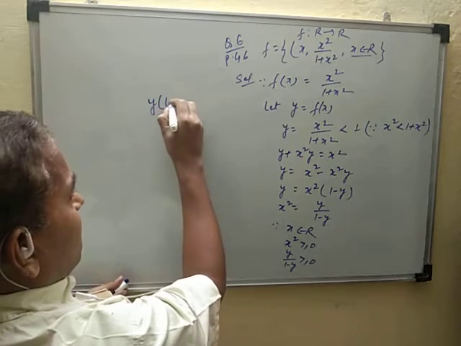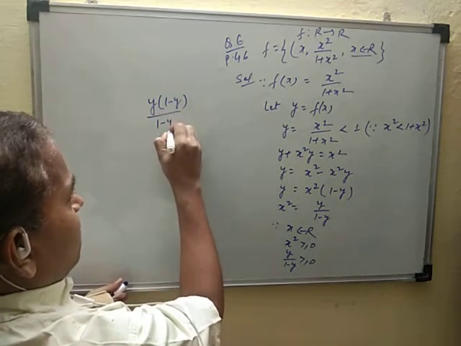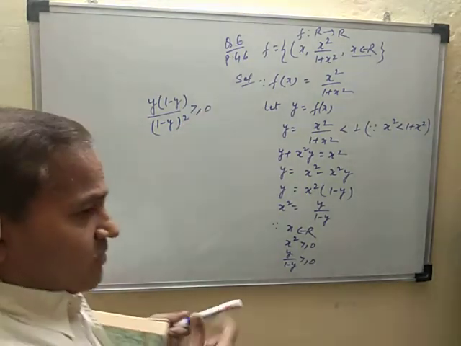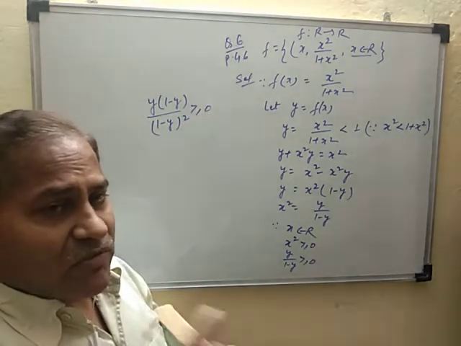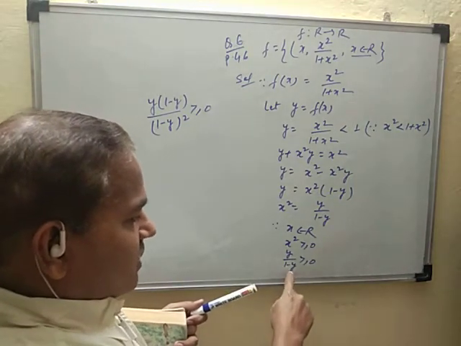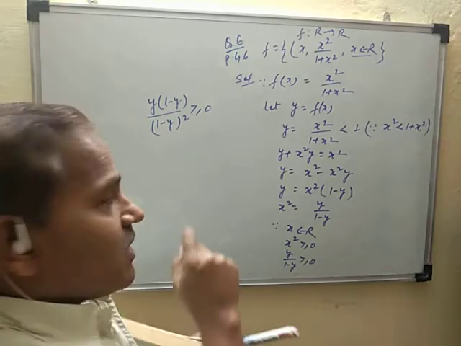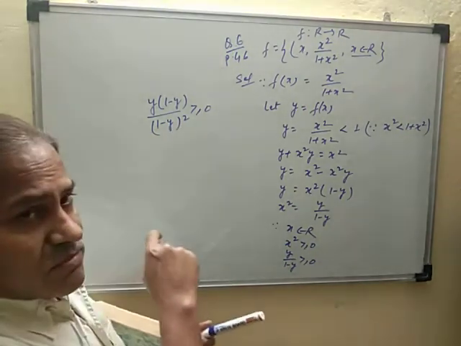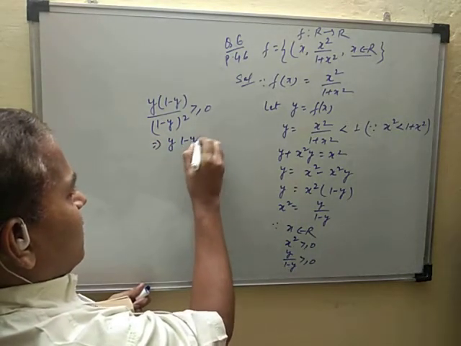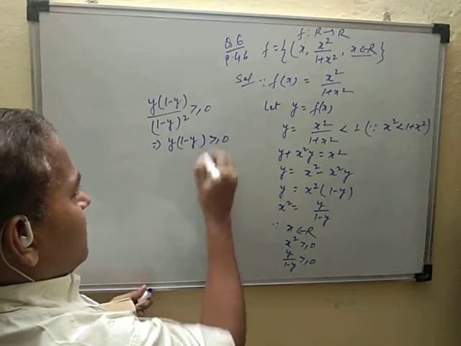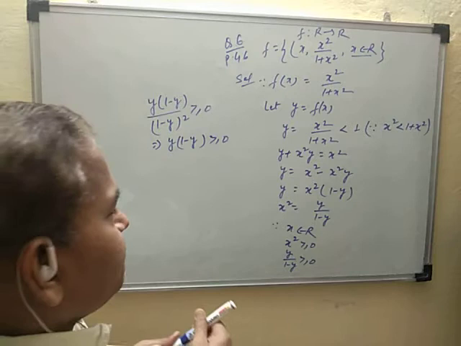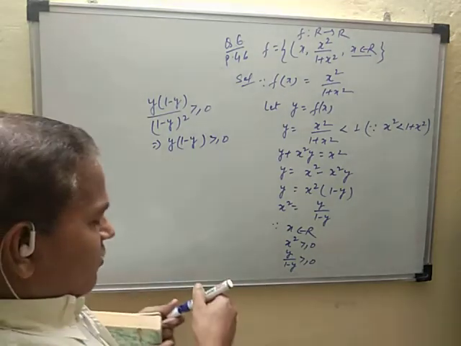So y into 1 minus y upon denominator whole square is greater than or equal to 0. What did we do? We had to make the denominator a perfect square, so for the perfect square we multiplied by the same 1 minus y, and it became a whole square. And now this is a positive term, so now cross multiply. So this implies y into 1 minus y is greater than or equal to 0 because the denominator is positive. Now find the value of y.